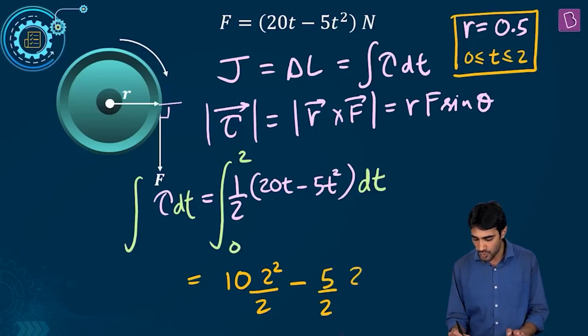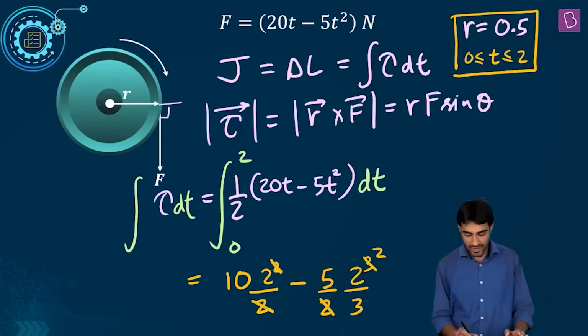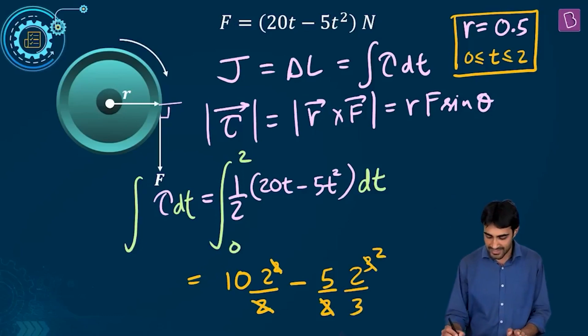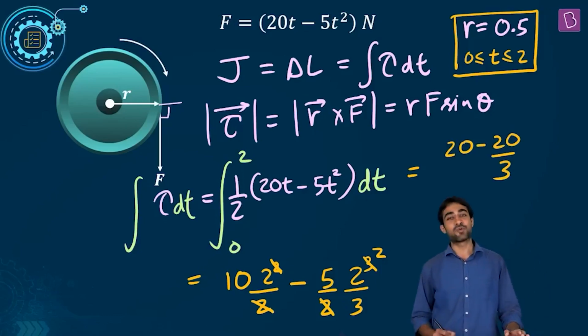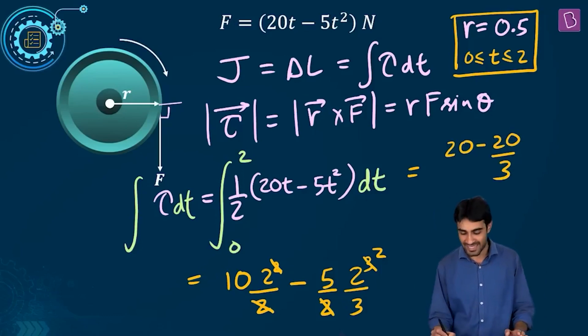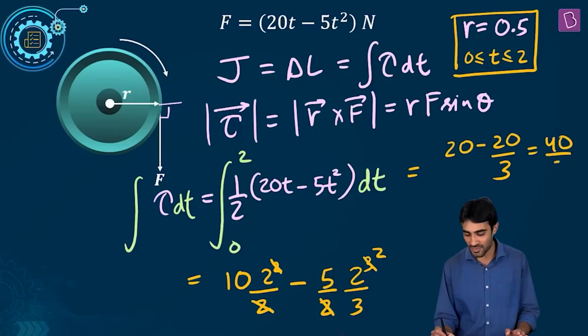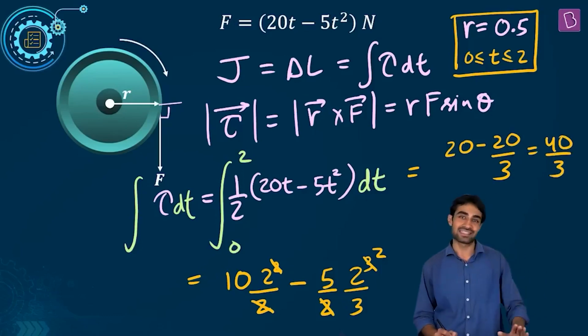So we have 2 cube divided by 3. So the 2 gets cancelled out, and the 2 gets cancelled out, and now we are left with 20 minus 20 by 3. Yes, 20 minus 20 by 3. This means 40 by 3. Can you see that?